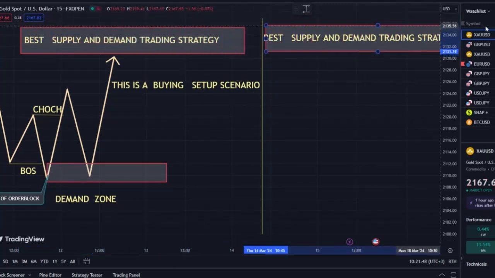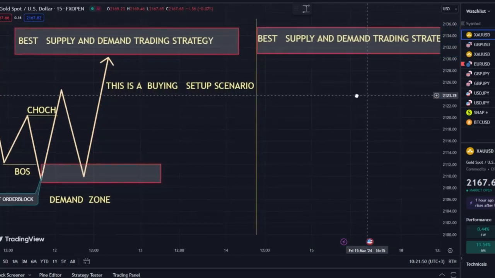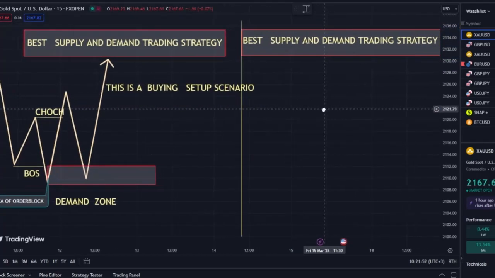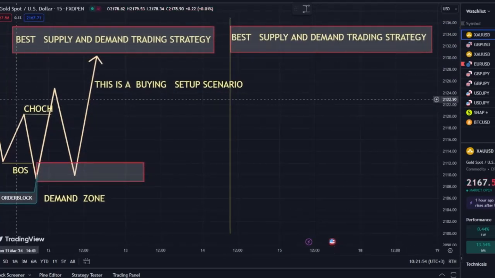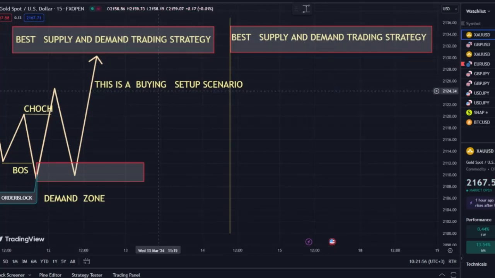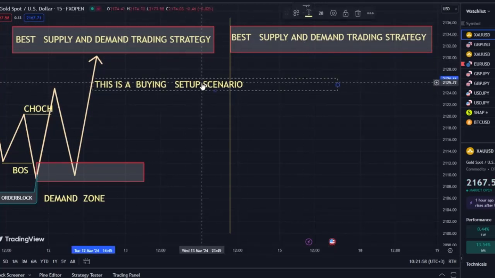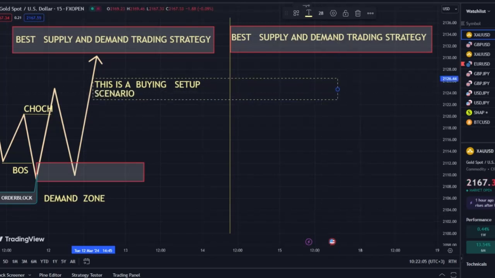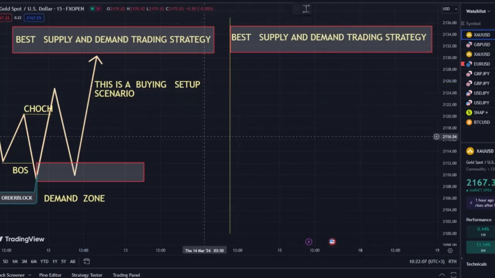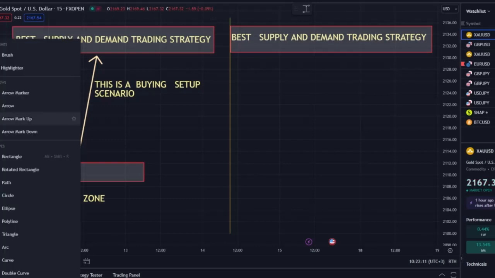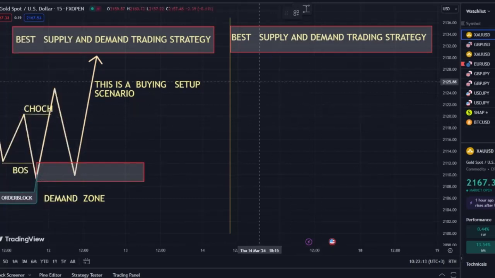You have seen our buy scenario, so now the concept reverses. We have marked our levels for buying, and now let's see if we are to take a sell. These two guidelines help us understand whether we are looking for sells or for buys. So this is the sell scenario.